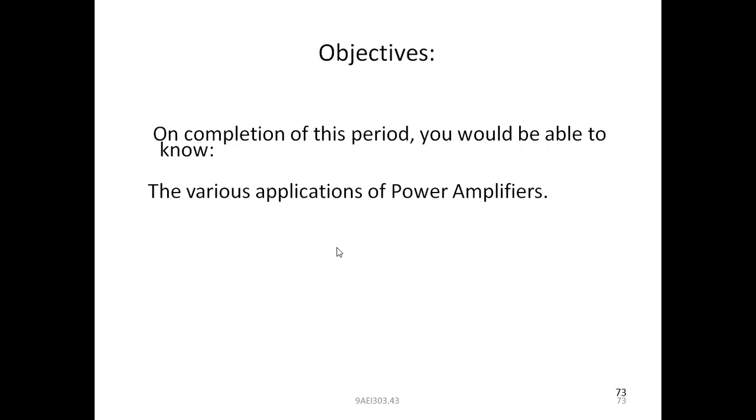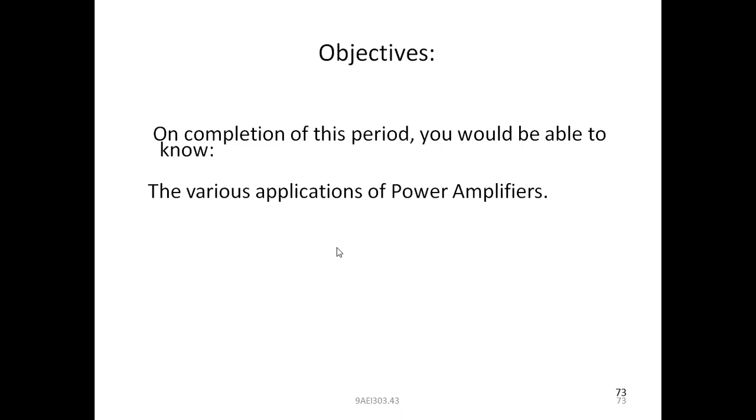Okay, let us conclude the power amplifiers. Class A and Class B we discussed. In Class A, two types we have discussed. That is series fed, or simply the Class A power amplifier with resistive load. That is a simple common emitter amplifier with load resistance connected to the collector.